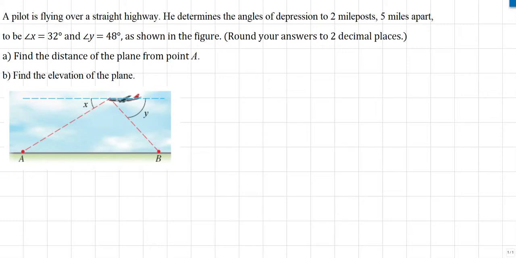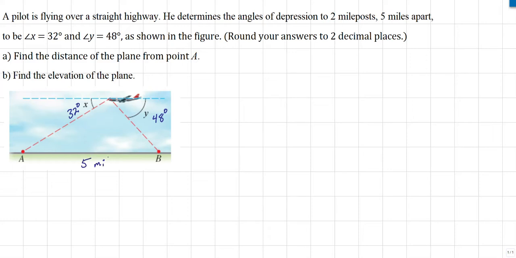So let's go ahead and put some numbers into the figure. We know that the angle of depression for angle x is 32 degrees, so that means this is 32 degrees right here. We also know that the angle of depression for angle y is 48 degrees. We're then told that the distance between the mileposts is 5 miles.